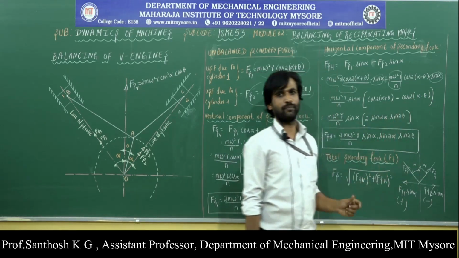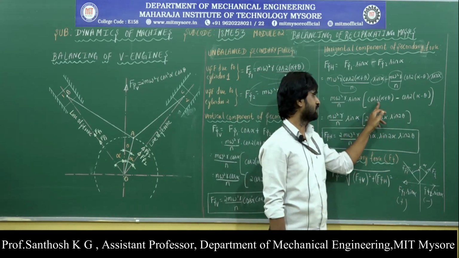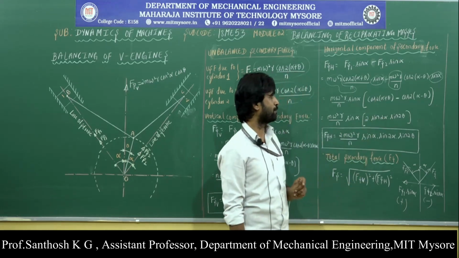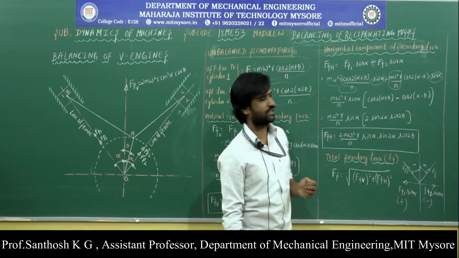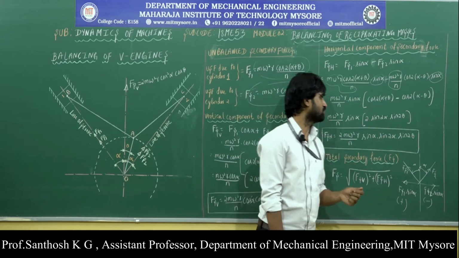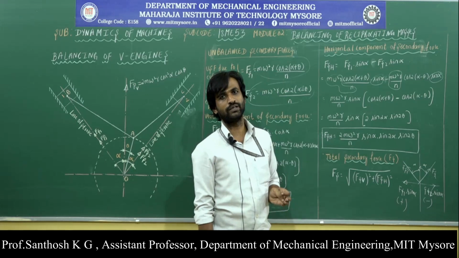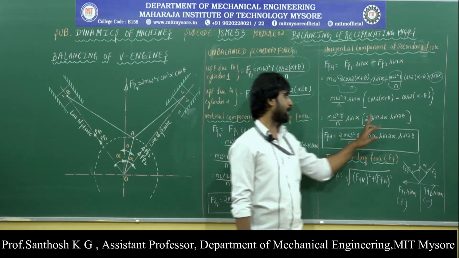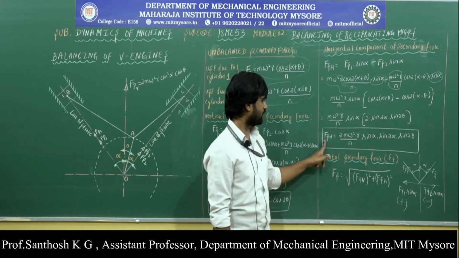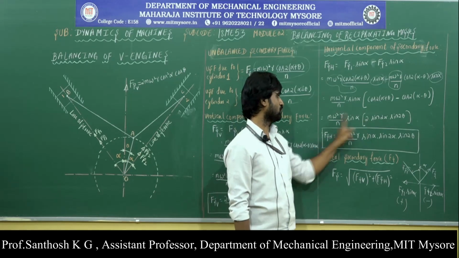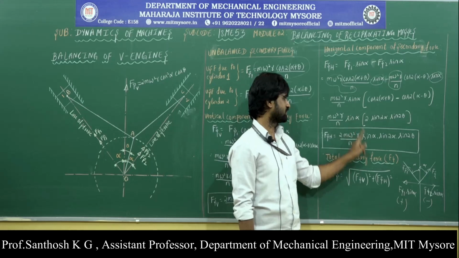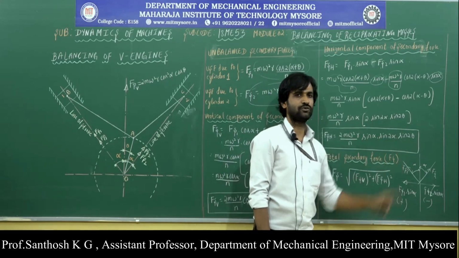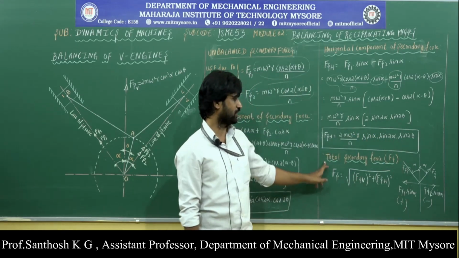Using the trigonometric formulas, I can write cos of (2 alpha plus theta) minus cos of (2 alpha minus theta) as 2 times sine 2 alpha into sine 2 theta. By rearranging the terms, I will get Fsh equals 2 times m omega square r by n into sine alpha into sine 2 alpha into sine 2 theta.